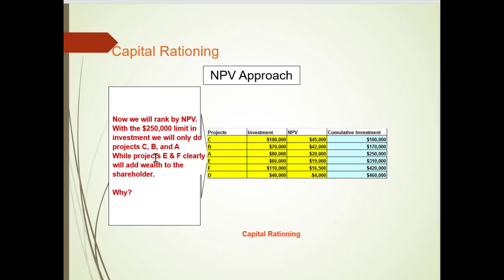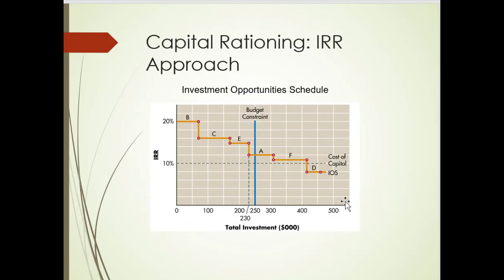Now, again, because we're thinking about capital rationing, we're still ignoring projects, in this case, E and F, that both have positive net present values. So we are losing some value. However, we're not hurting the company. We're just not helping it to the maximum extent. So to see how this might work, the internal rate of return approach ranks these projects by their internal rate of return.